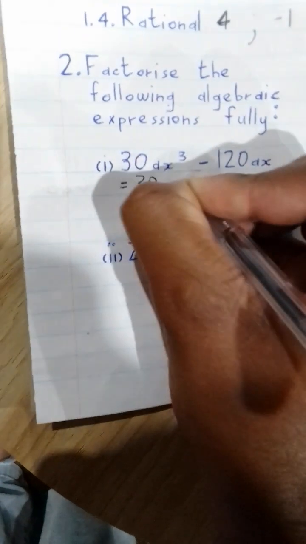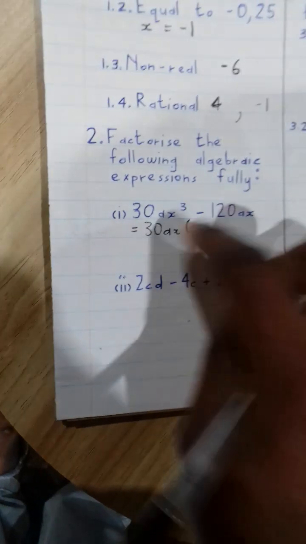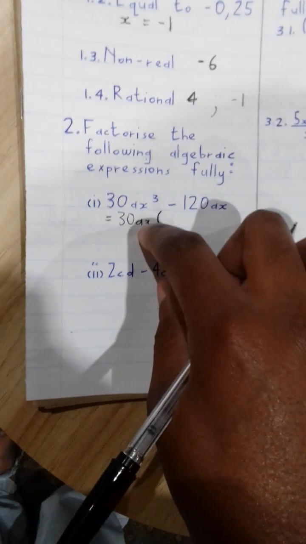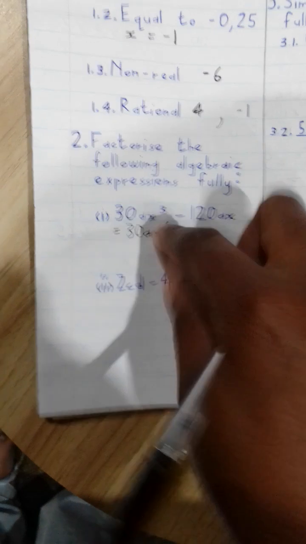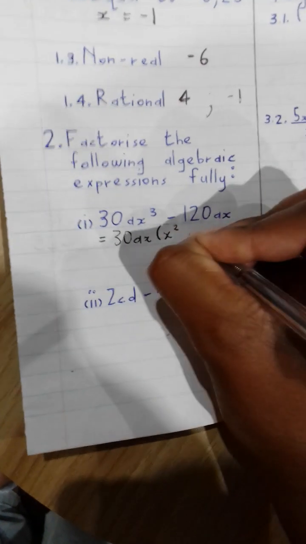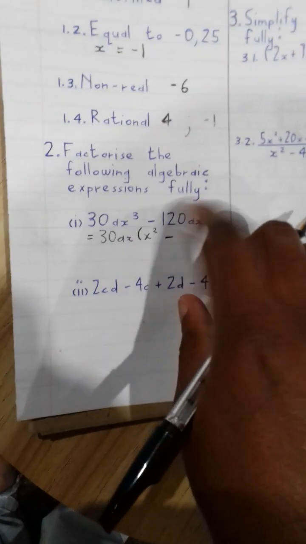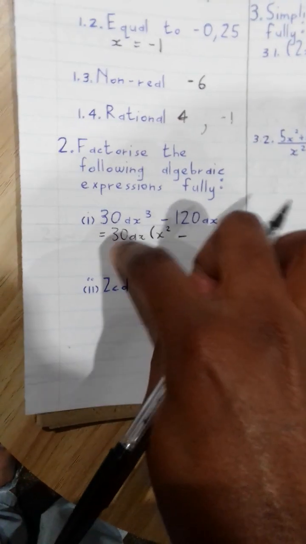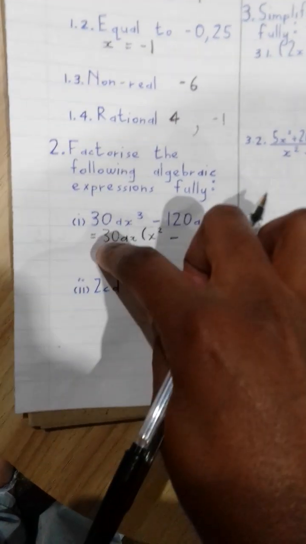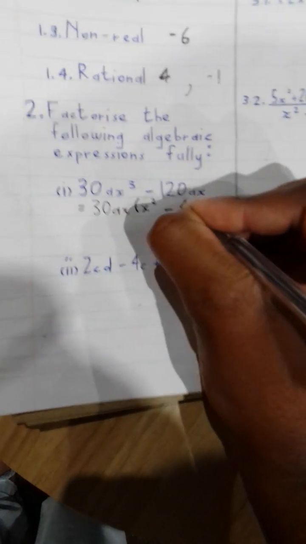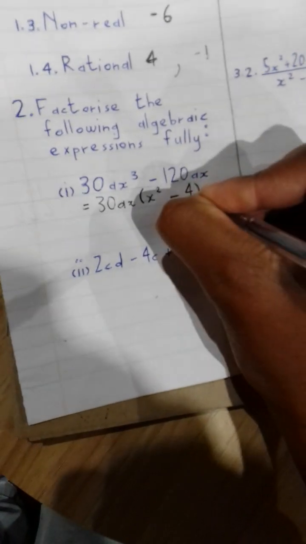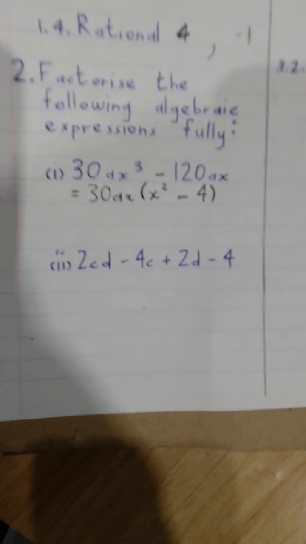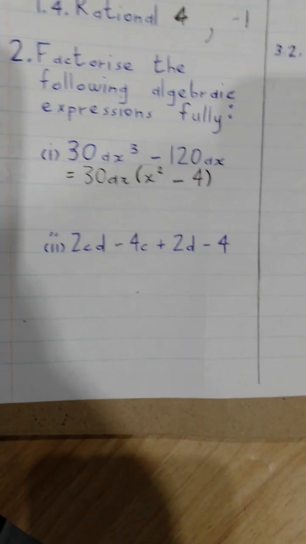So this is going to be 30ax. 30ax cubed divided by 30ax: 30 goes, a goes, x to the power of 3 minus 1, 3 minus 1 is 2. Minus 120ax divided by 30ax: 120 divided by 30 is 4. The a's cancel each other out, the x's cancel each other out. So in the brackets you have x squared minus 4.